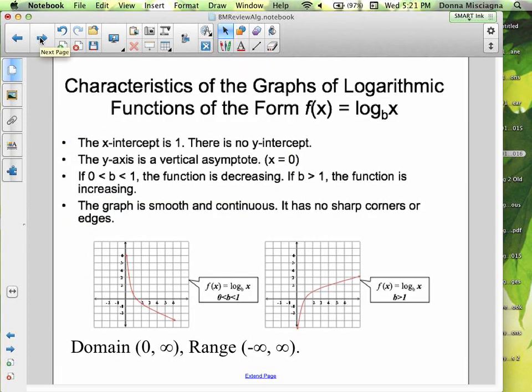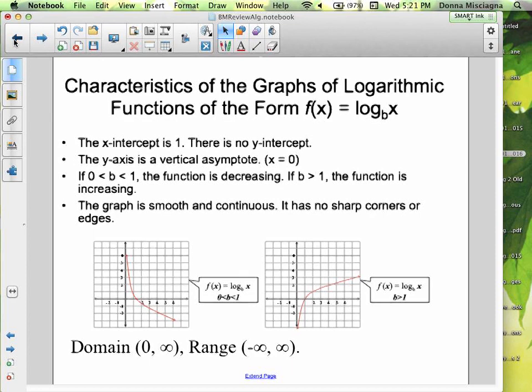All right, so let's look at our log functions. Okay? So the log function is the inverse of the exponential function. So on our inverses, everything is reversed. Right? So our x and y values are reversed, for instance.